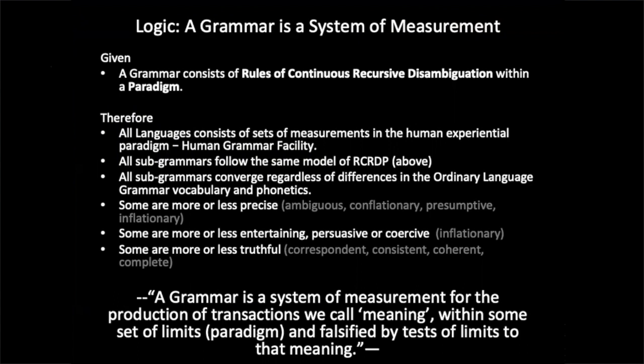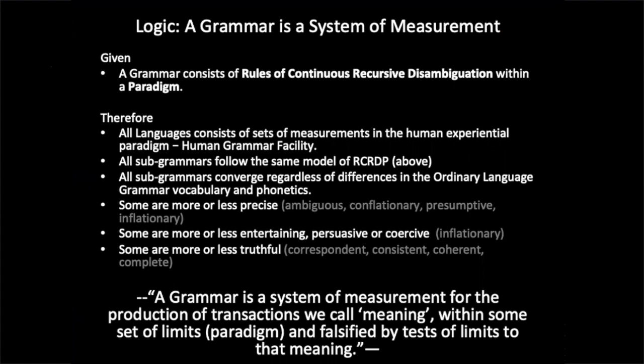So the grammar is the set of rules of continuous recursive disambiguation within a paradigm. And all languages consist of sets of these measurements in the human experiential paradigm, which is our natural human grammatical facility, which is a natural outgrowth of our wayfinding, which is a natural outgrowth of movement.